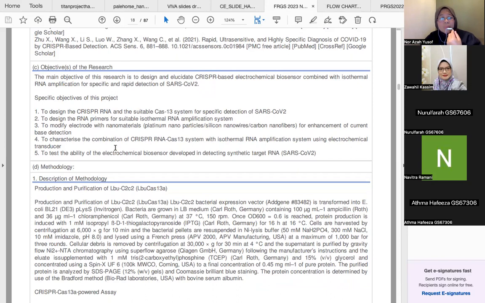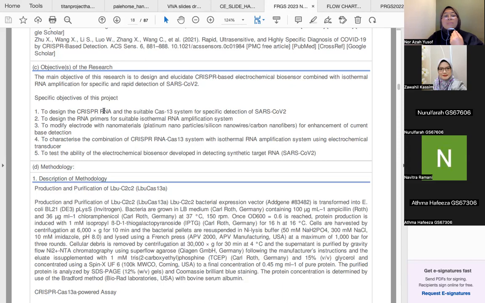I think most of you have heard that when you are putting a specific objective, it has to be measurable. The word measurable for me is relative. Usually the words like to study and to understand are not measurable. So here I put to design.